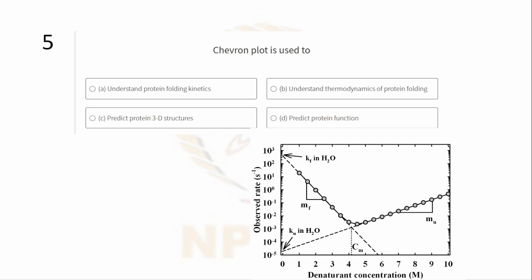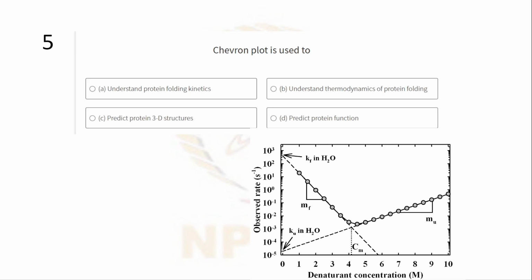The point where the folding and unfolding arms intersect is known as the folding midpoint, the critical concentration of denaturant required, denoted by Cm. The slope is denoted by m: mf for folding, mu for unfolding.